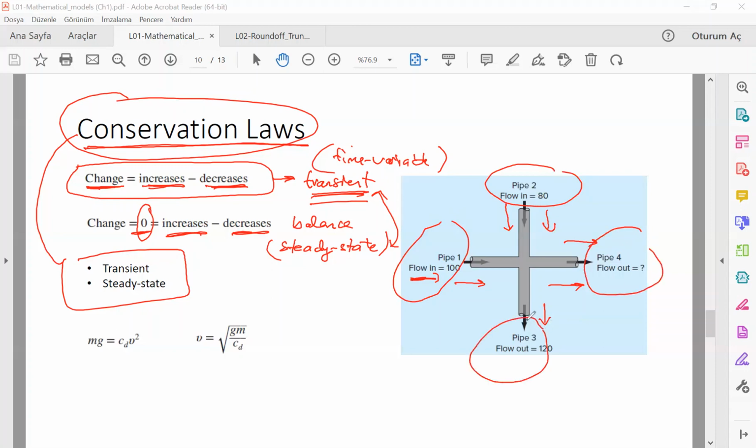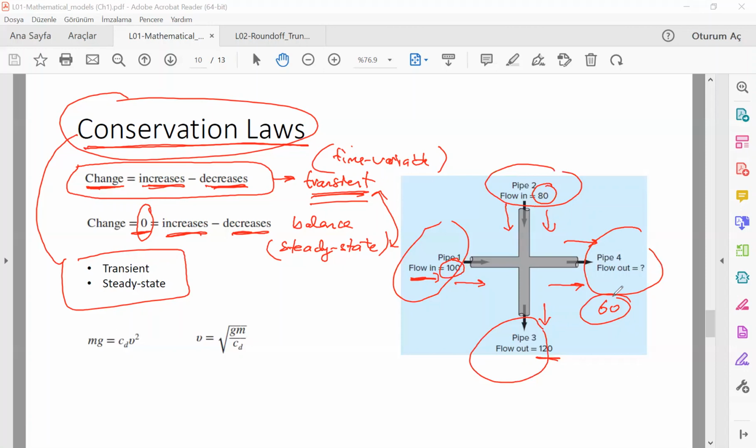So if there is a change, then there is a transient situation. And if there is no change, if these are equal, then that's going to be steady state. In here, for example, this is 80, this is 100, 180, so 120, then this should be 60. If you would like to get a balance, then there should be 60 flowing out in here.